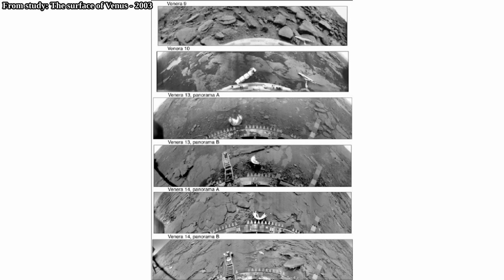In this collection of panoramas delivered by the Venera landers, we can see that at the location of where Venera 9 landed, the surface is very much different compared to the surface captured at the sites of Venera 10, 13, and 14. The Venera 9 landing site is filled with rocks, while the rest have a flat ground that is either smooth or has a type of soil.